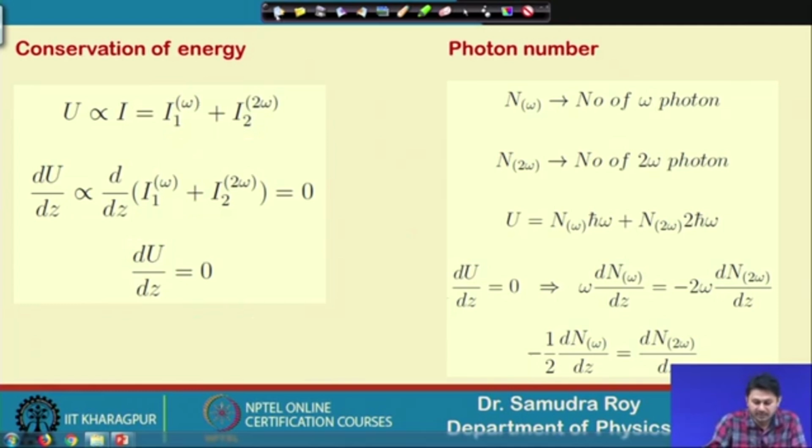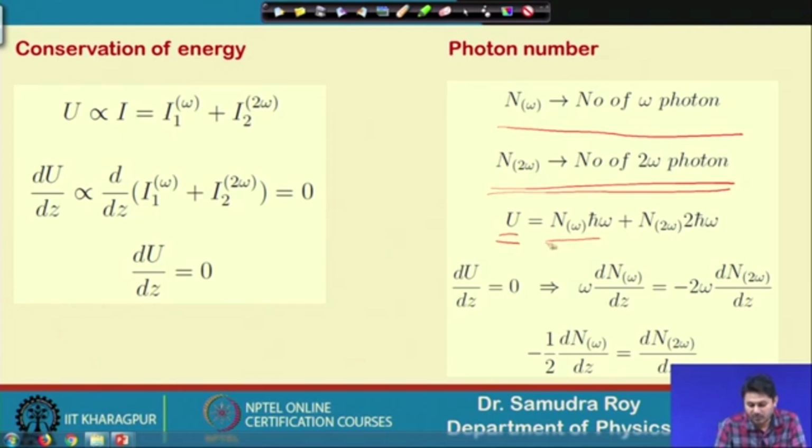Now, the next thing is, what about the photon numbers? If I say n omega is the number of photons of frequency omega and n 2 omega is the number of photons of frequency 2 omega, then the total energy is n omega multiplied by h cross omega, plus n 2 omega multiplied by 2 h cross omega, because here the frequency is 2 omega.